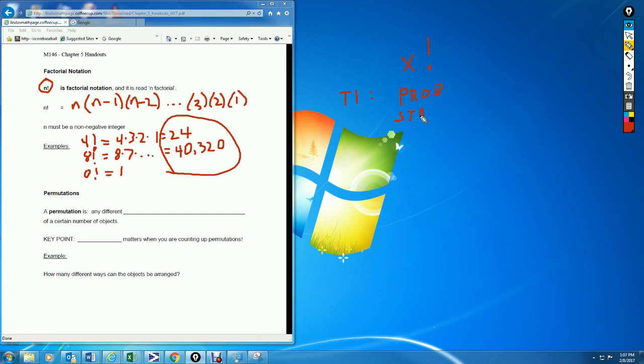If you hit one of those buttons, it should take you to a screen where it gives you 3 options. One of them will be with a P, one with a C, and one with an exclamation point. So this would be permutations, combinations, and this is what we're talking about right now, factorial.